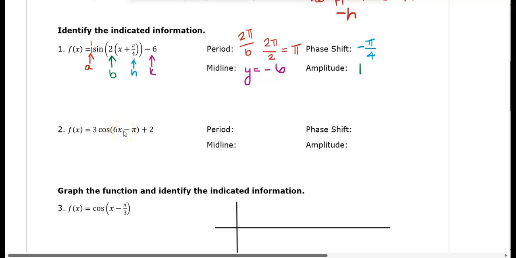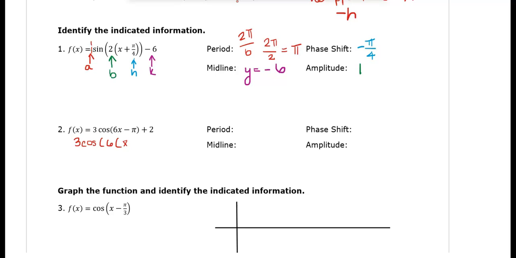So in order for me to have an equation in a proper form and to be able to identify what my b is and what my h is correctly, I must factor out so that the x is completely by itself. So what I mean by that here is, I have 3 cosine, and this 6x minus pi, I'm going to pull out a 6.